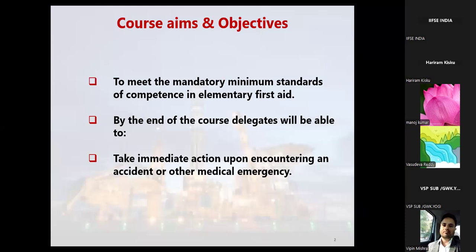Then, what is the aim of the course and objectives of general first aid? To meet mandatory minimum standards of competency in elementary first aid. By the end of this course, delegates will be able to take immediate action upon encountering an accident or a medical emergency.